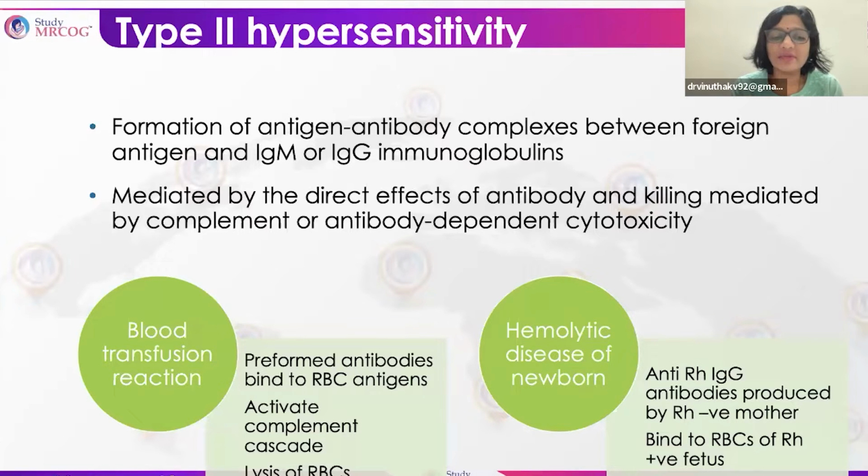Basically, the complement system recognizes it as a foreign thing and starts destroying it. The same thing happens in hemolytic disease of the newborn. Here the mother is Rh negative and the child or the fetus is Rh positive.